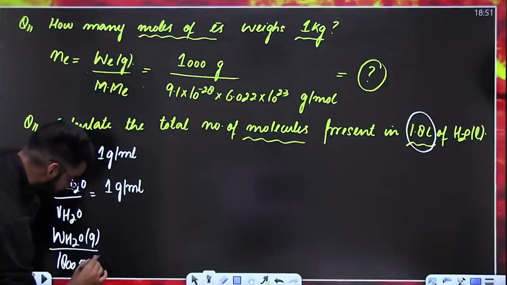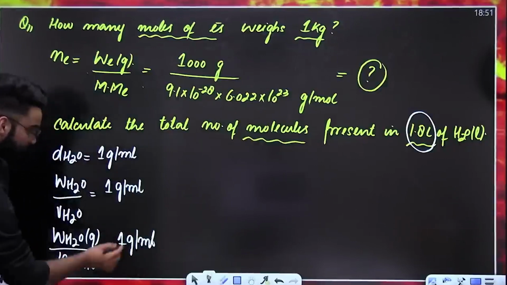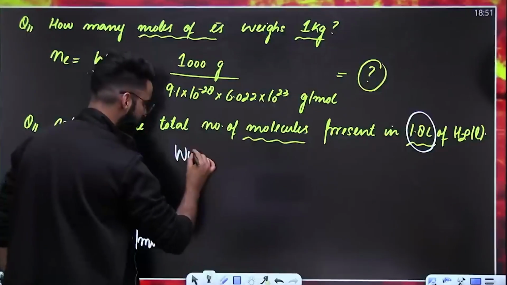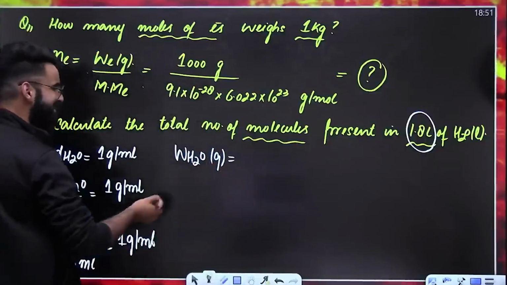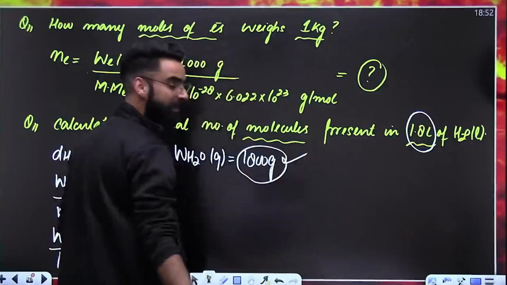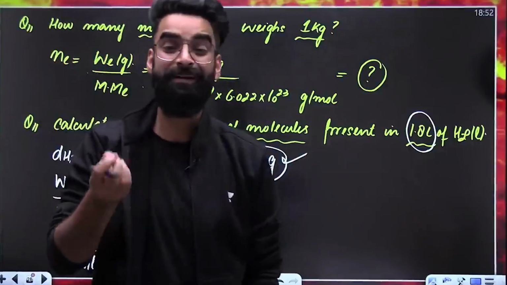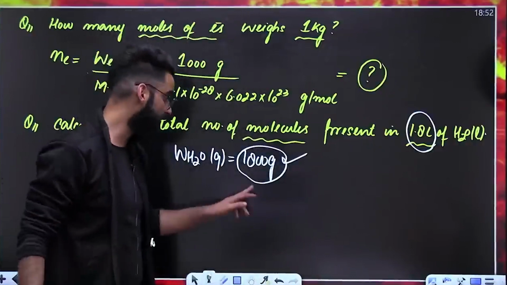So from this equation, can't I calculate the mass of water in grams? It comes out to 1800 grams. So we are actually given 1800 grams of water.